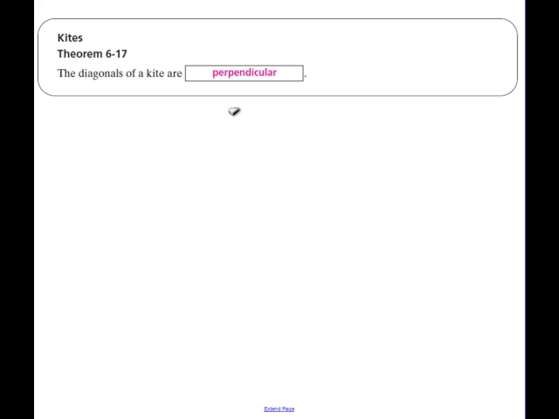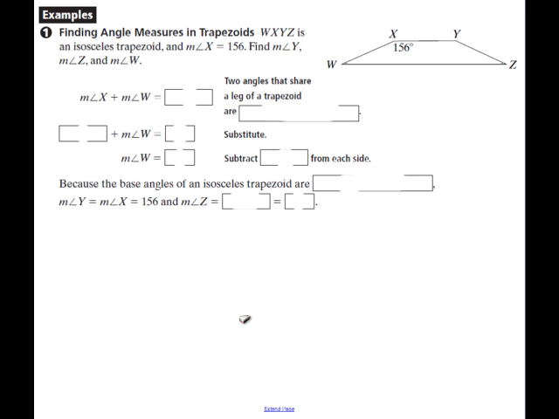So let's take all these little bits of information that we learned about these special types of quadrilaterals and apply it to some practice problems. So if we look at the first one here, we have a figure, and just by looking at it we can guess that it's a trapezoid, and as we look at the title here, it does tell us in fact that it's a trapezoid, and the directions then go even further and tell us that it is isosceles.